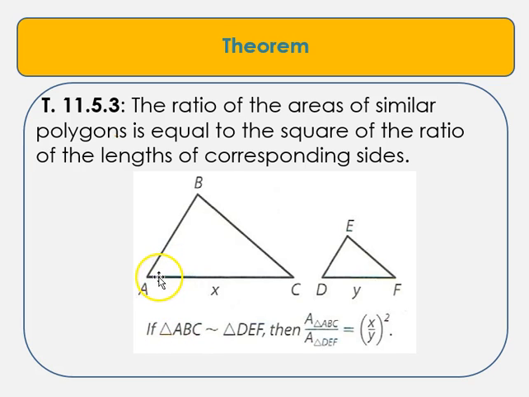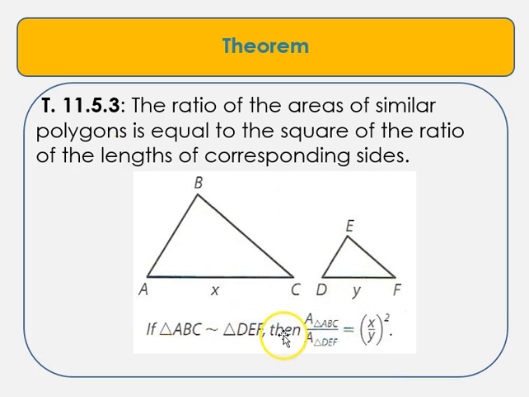If triangle ABC is similar to triangle DEF, we know that these sides are proportional. We have no value here, but we know that x is to y, so x to y is our scale factor.